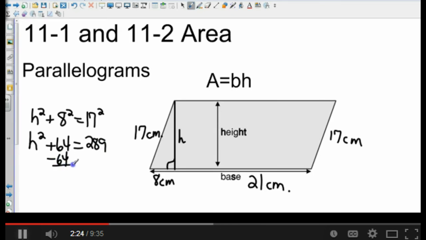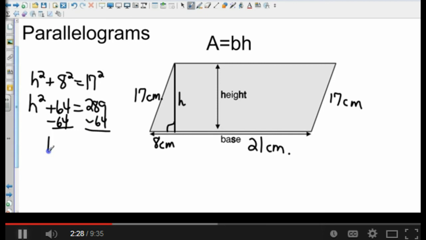Subtract the 64, and they've given us a nice easy one there. That's 225. Take the square root of both sides: the square root of 225 is 15. So my height is 15.